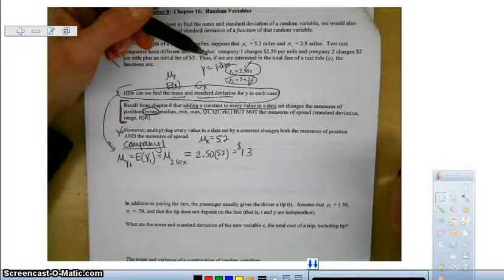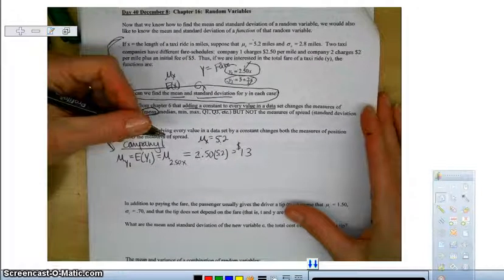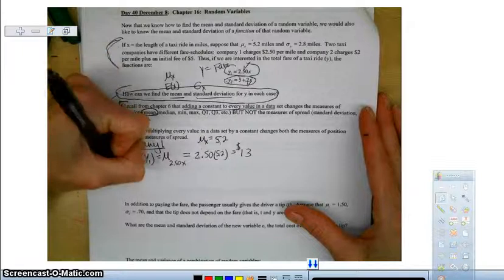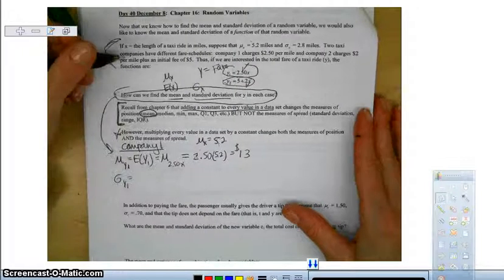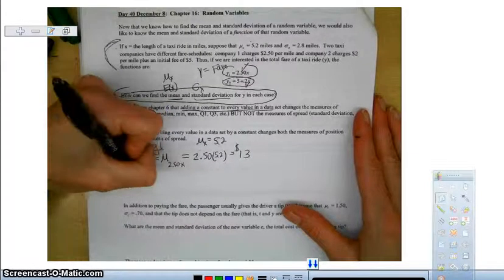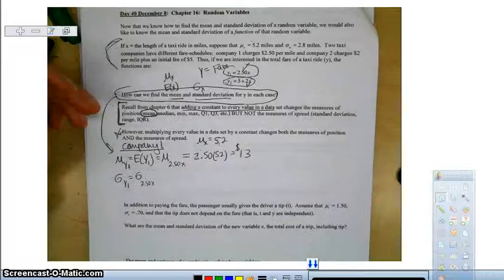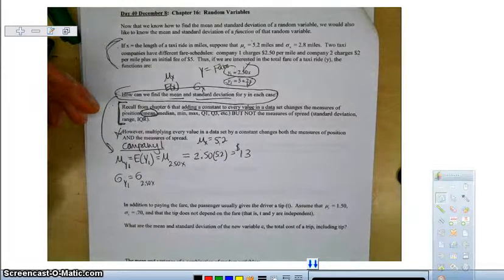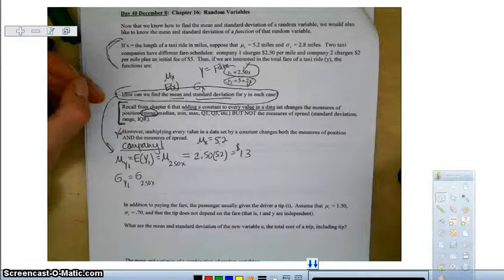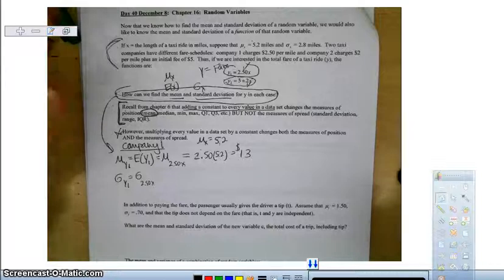Okay. So what is the standard deviation of company 1? The standard deviation of Y for company 1 is the standard deviation of 2.50X, and is standard deviation affected by multiplying? Yes, everything is affected by multiplying, mean and standard deviation.